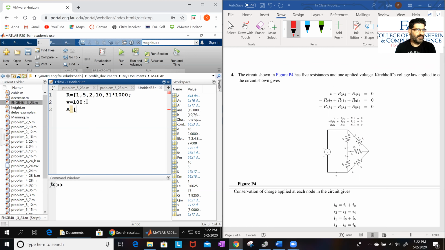So in this case, I1 will be 0, right? I2 will be minus R2, right? R3 is 0. I4 is minus R4, right?